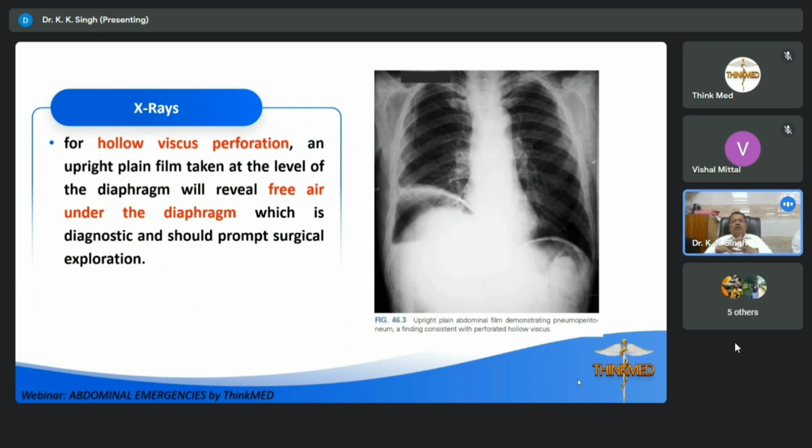But remember that the same is not true on the left side, because in the stomach there is some gas. So don't be confused on the side of the X-ray. If it is on the right side, then it is perforation. If it is on the left side, it will be gas in the stomach.